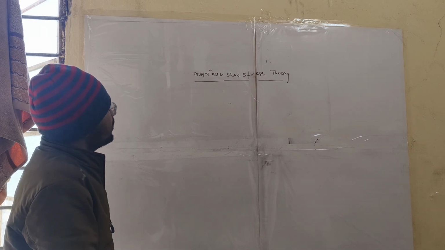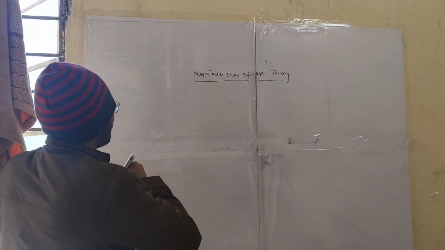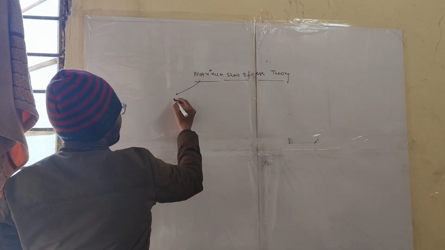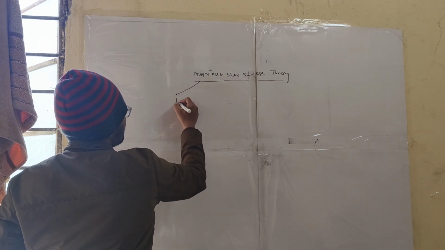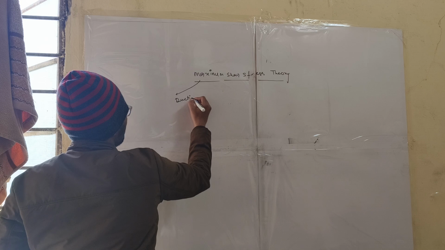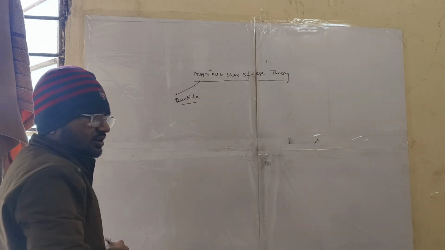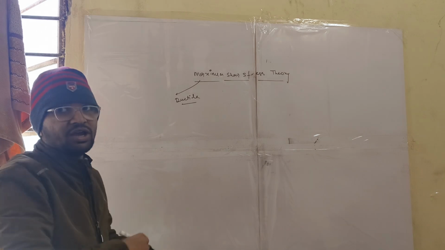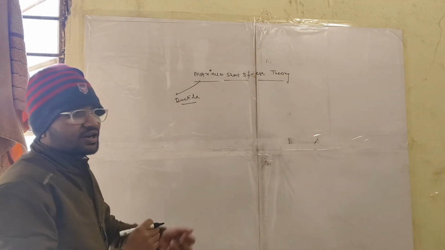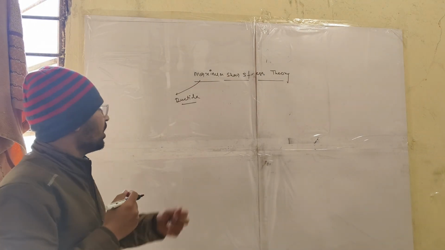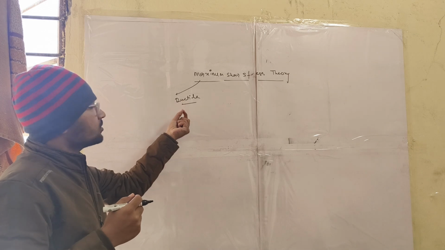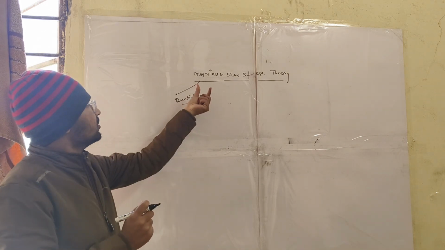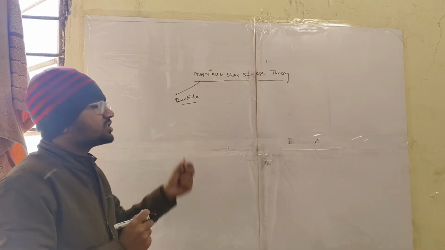This theory is valid for ductile material. When we design with ductile materials, like when we are going to make a shaft from a ductile material like mild steel, which theory do we have to consider to design the shaft?